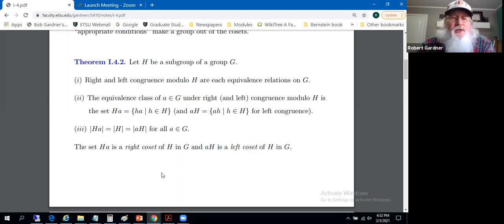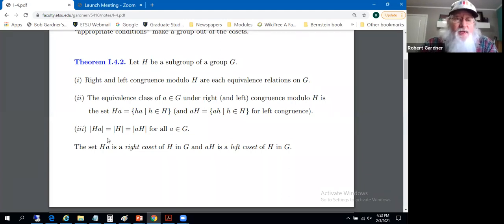And maybe to reiterate, we can say the right cosets are equivalence classes under congruence modulo H as given here.